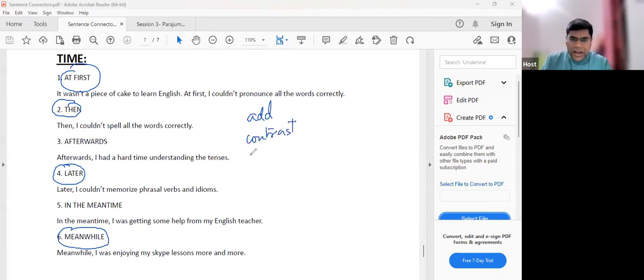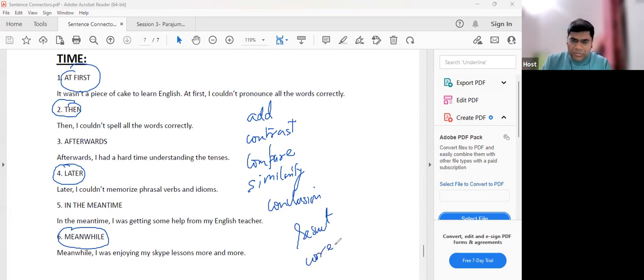You can compare by using connectors. You can show similarity by using connectors. You can show conclusion by using connectors. You can show consequence or result by using connectors. You can show correction of thought by using connectors. There are endless ways, you can show sequence in time by using connectors.